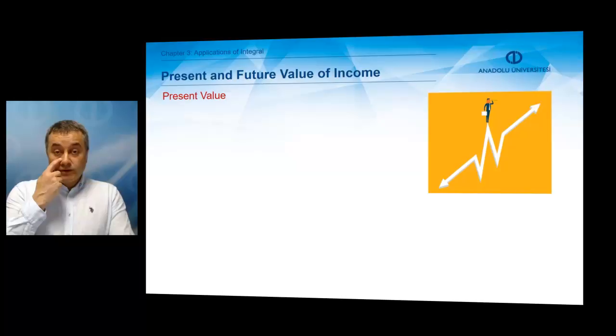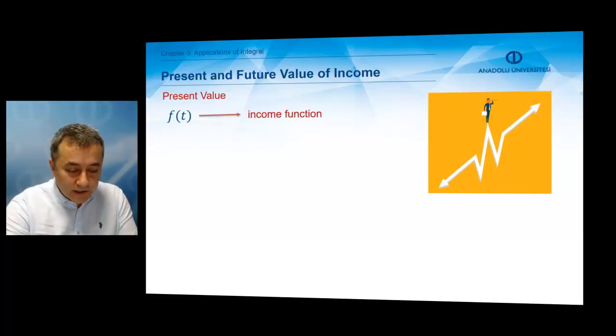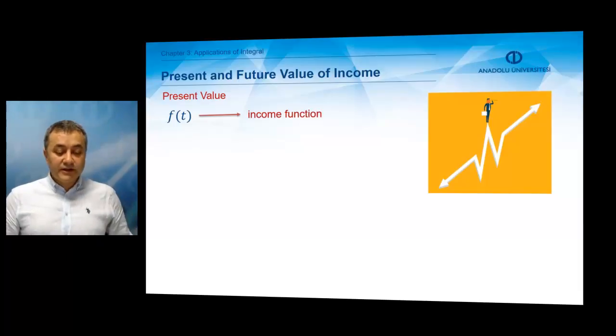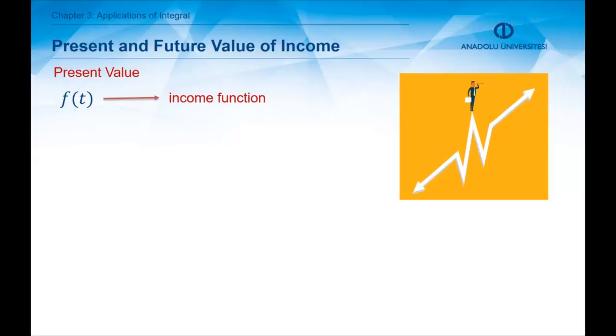Another subject where we may use integrals is the present and future value of an income. The present value is a financial calculation that measures the worth of a future amount of money or stream of payments in today's liras, adjusted for interest and inflation.